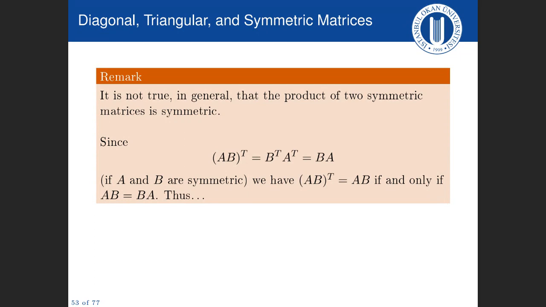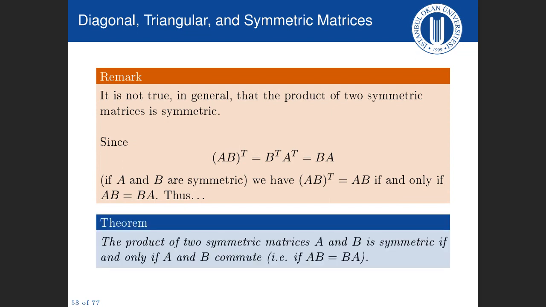As long as B and A are symmetric, B transpose is the same as B and A transpose is the same as A. So we can only have AB transpose is equal to AB if and only if AB is equal to BA. That's important. Let's write that as a theorem. The product of 2 symmetric matrices A and B is symmetric if and only if A and B commute, i.e., it's symmetric if and only if AB is equal to BA.